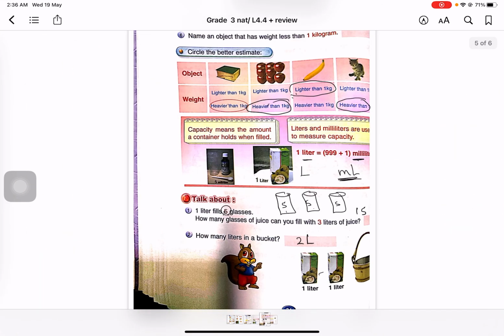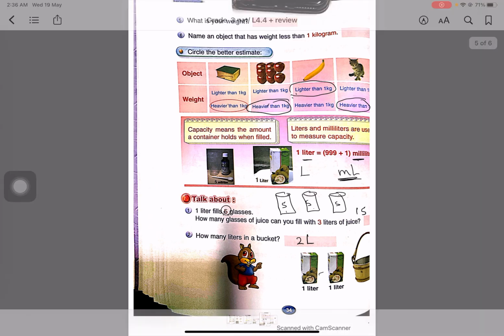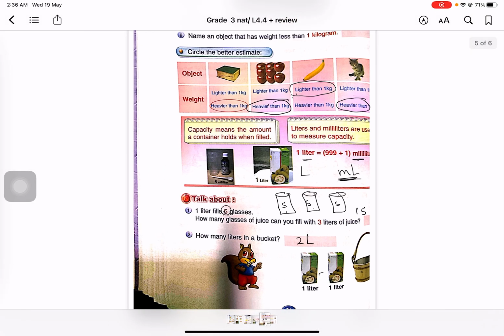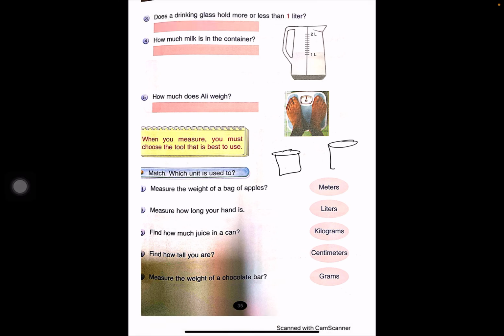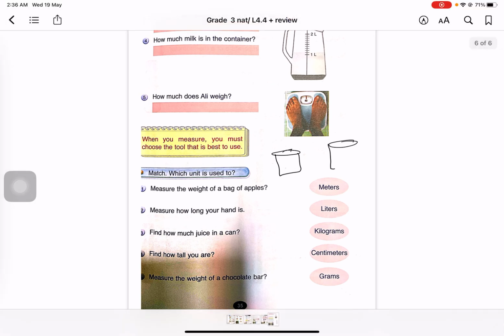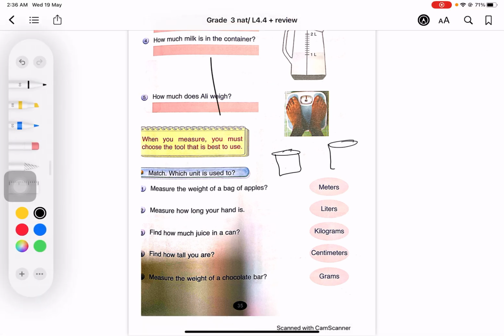Of course, it will hold less than 1 liter. The cup is this one, okay? Of course, as we said here in this page, 1 liter fills 5 glasses. So we need 5 glasses to fill 1 liter.